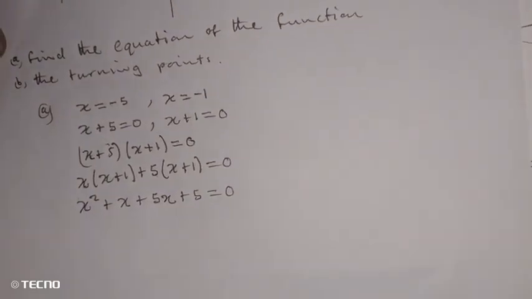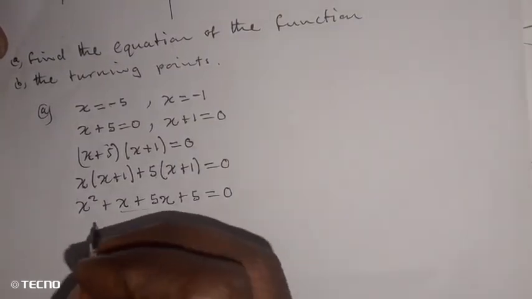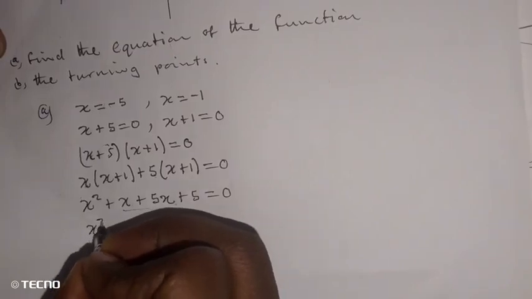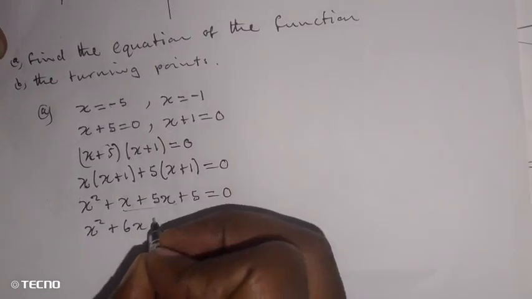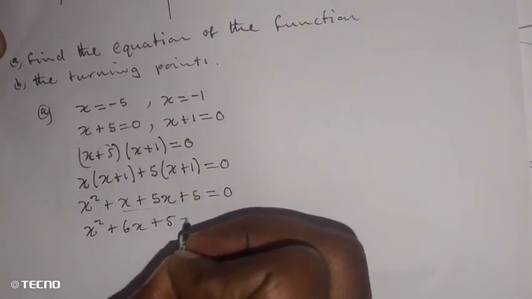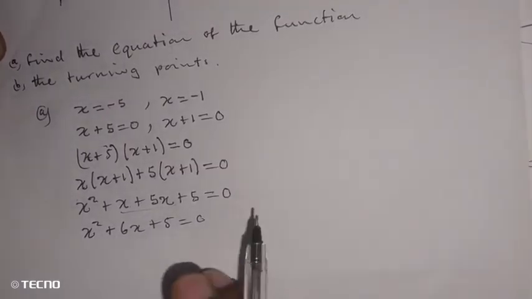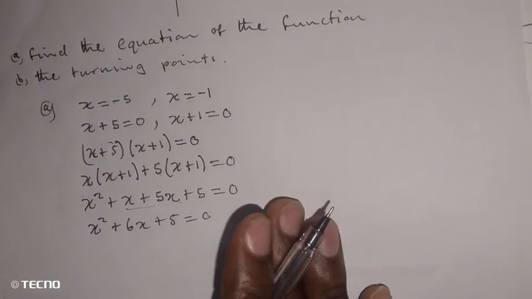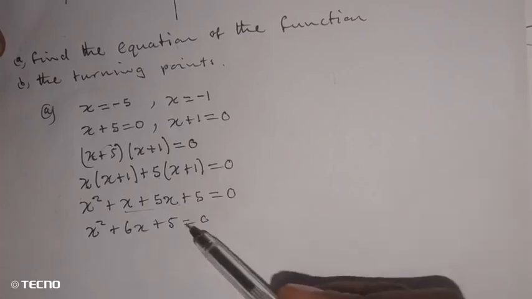This is what we are going to have. So having this, we know these are like terms, we can add them. So we have x squared plus 6x plus 5 is equal to 0. So here we can end at this point, okay, where we'll say our y is equal to this, which is the function.